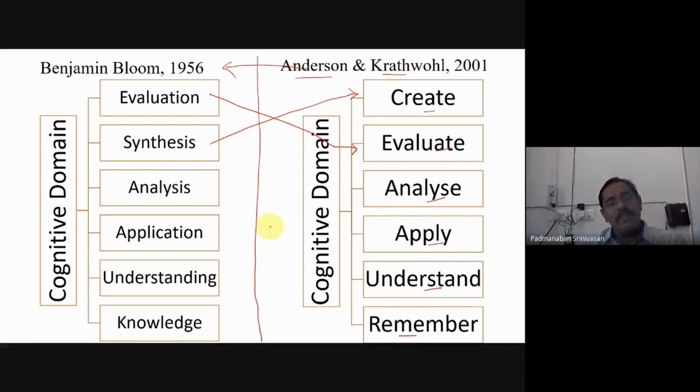Also we can see the names here: application, apply; analysis, analyze. The main idea of revision is that these were nouns, and they have changed them into verbs. Because students have to do something, then only we can see it. Students have to define, they have to analyze, they have to draw a diagram.